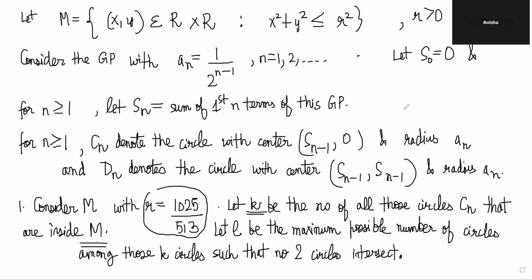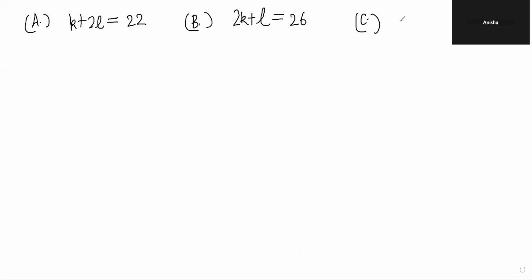Yes. Option A: K plus 2L is equal to 22. B: 2K plus L is equal to 26. C: 2K plus 3L is equal to 34. And D: 3K plus 2L is equal to 40. This is the first question.